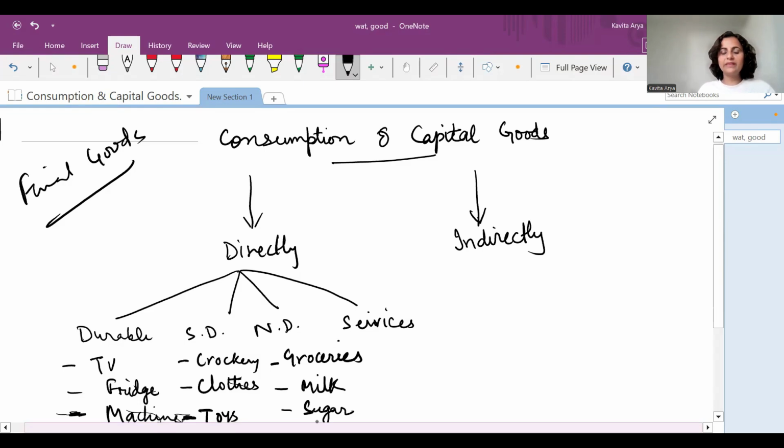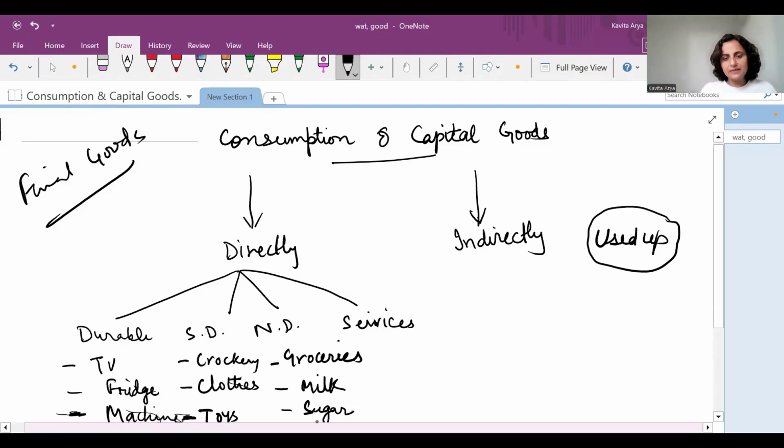All these have just one usage and they just get used up. Used up is a term which is used by the paper setters to confuse the students. Used up means it has just one usage and it gets used up fully and finally done.